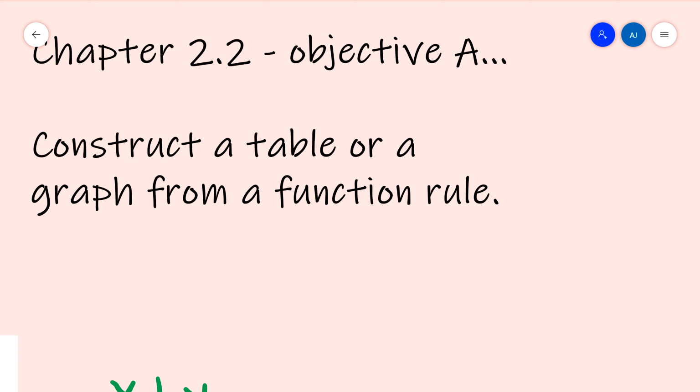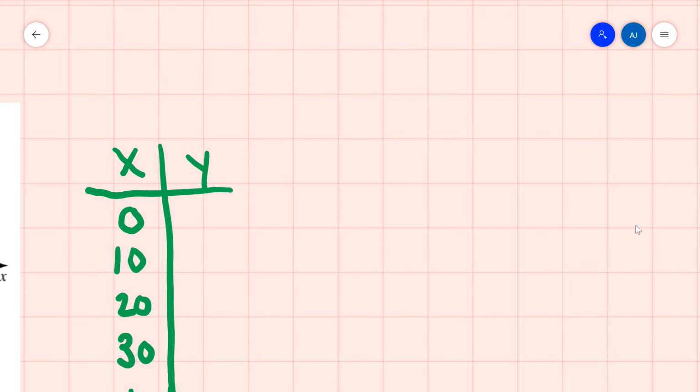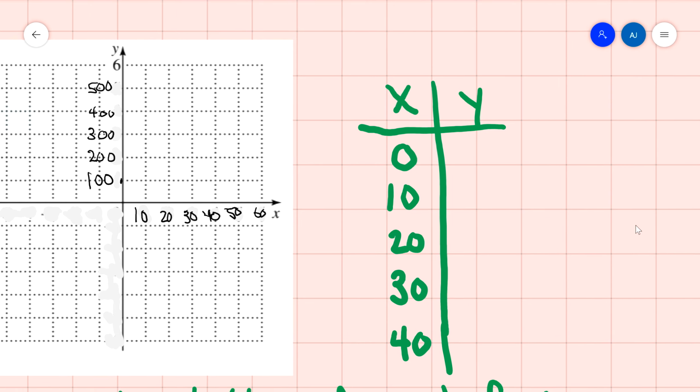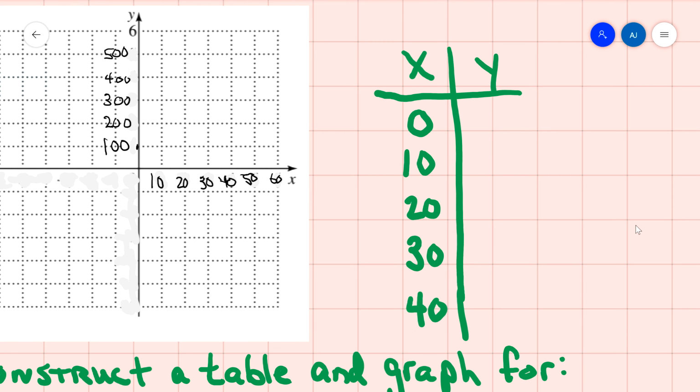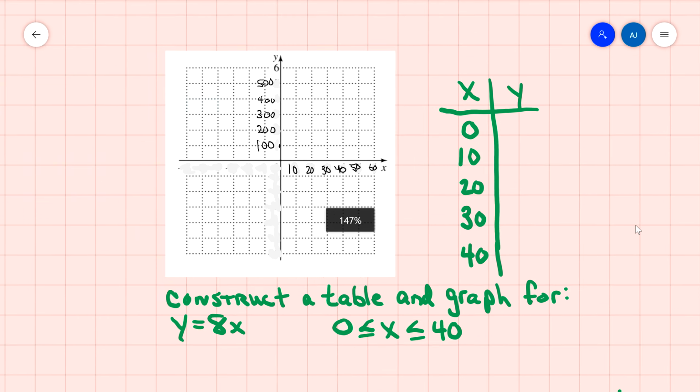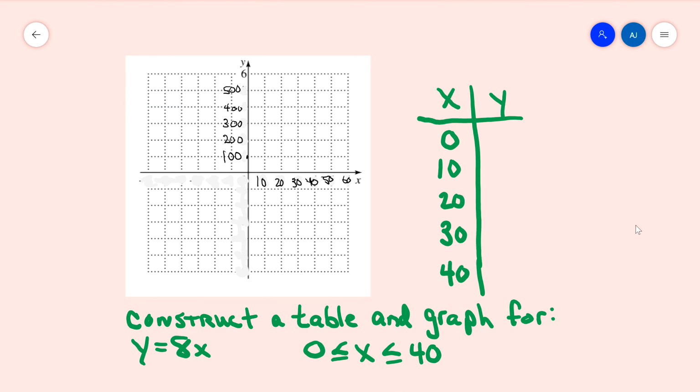Objective A says to construct a table or a graph from a function rule. All right, so let's see if I'm interpreting this correctly. What we're going to be doing is, here's our table and our graph. All right, so here's our rule.